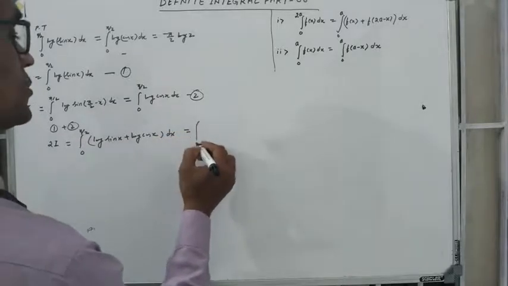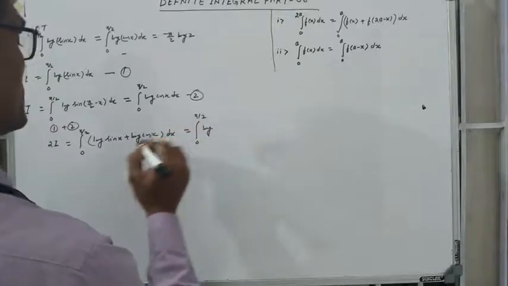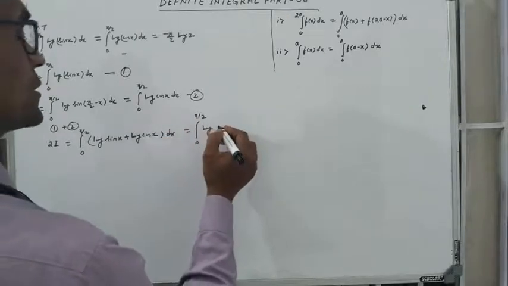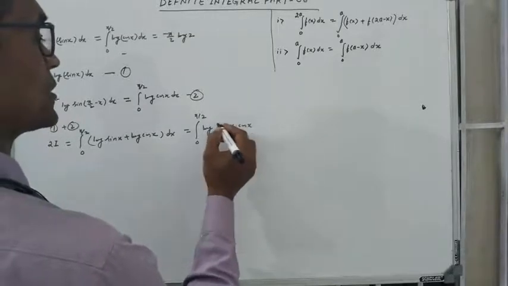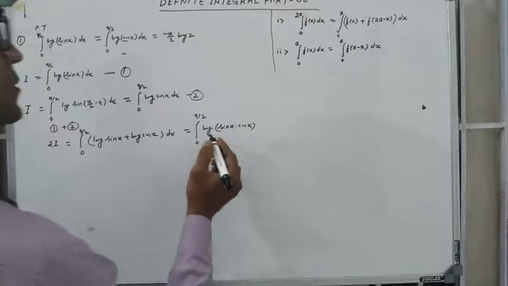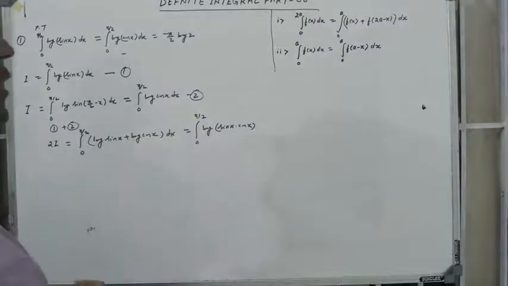This is equal to the integral from 0 to pi by 2 of log of sin x into cos x, because log x plus log y equals log of x into y.